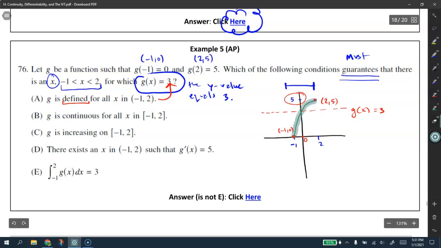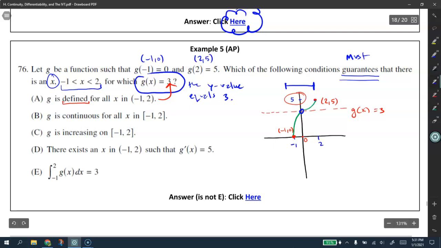Specifically, let's just suppose. So I'm going to disprove some of these answers here, even though it's going to extend the video. Let's suppose that when this graph approaches 3, it has an open circle, and then it continues onwards like that. Now, technically, it's undefined at g of 0.